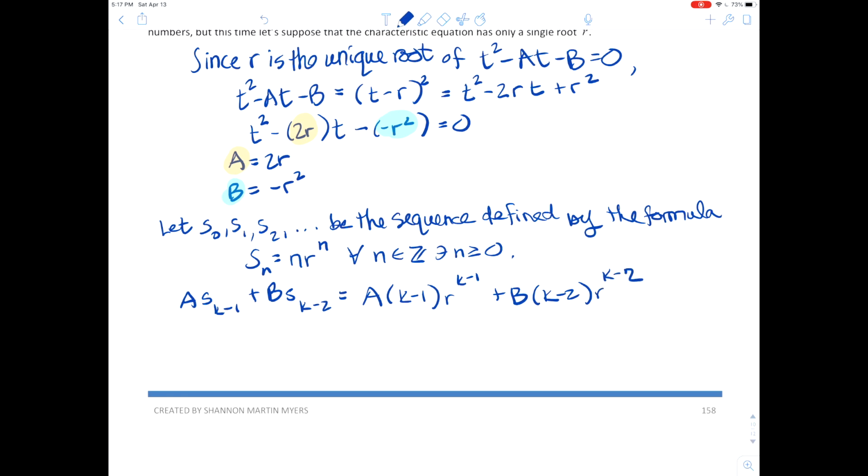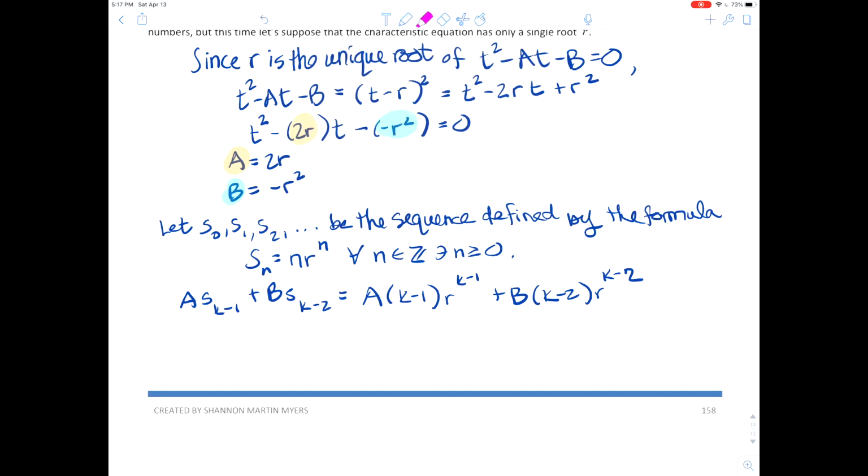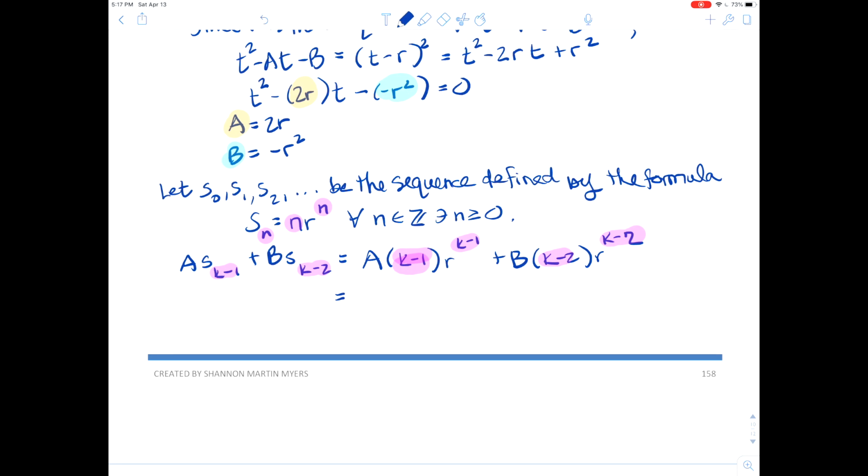Because, and again, remember, we have the same root. So just so you see where we're going here, I'm doing whatever the subscript is, okay? So the first one, the subscript was k minus 1, and the second one, the subscript was k minus 2. Okay. Well, what is this going to be?